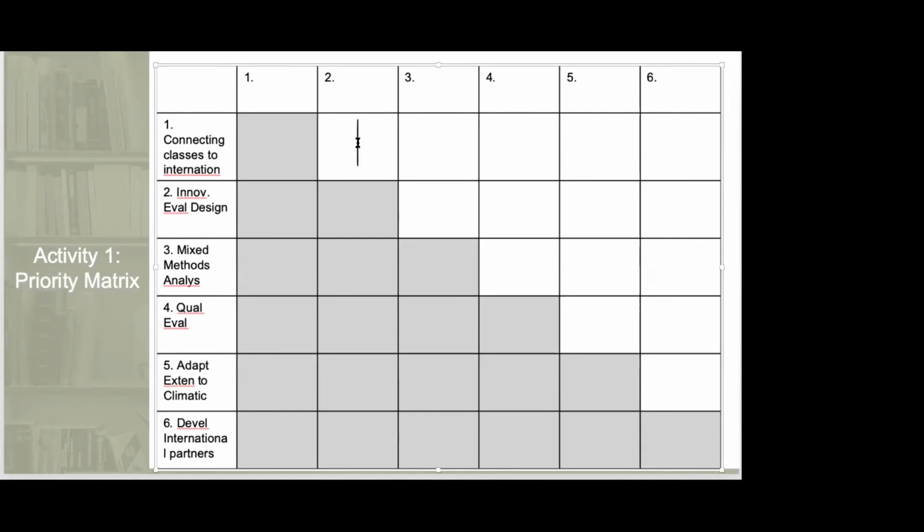Please raise your hand if 1 is of higher priority to you. Okay, thank you. And raise your hand if 2, innovative evaluation design, is of higher priority. Okay, and I think I saw more hands jump up for 2. Is that what you saw, Dr. Bush? Yes.